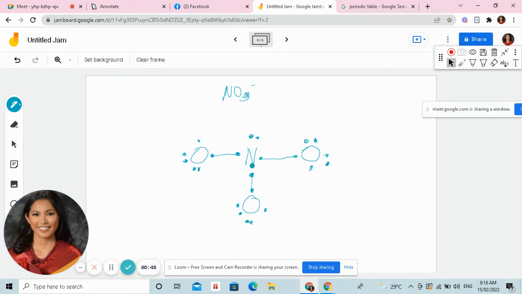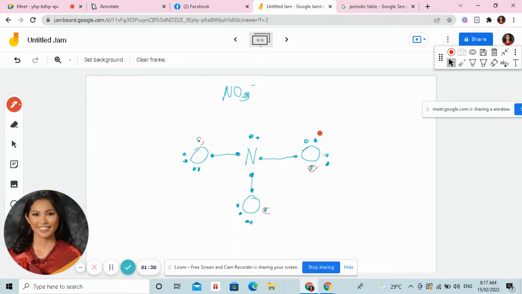We have these electrons. The oxygen still needs pairing.